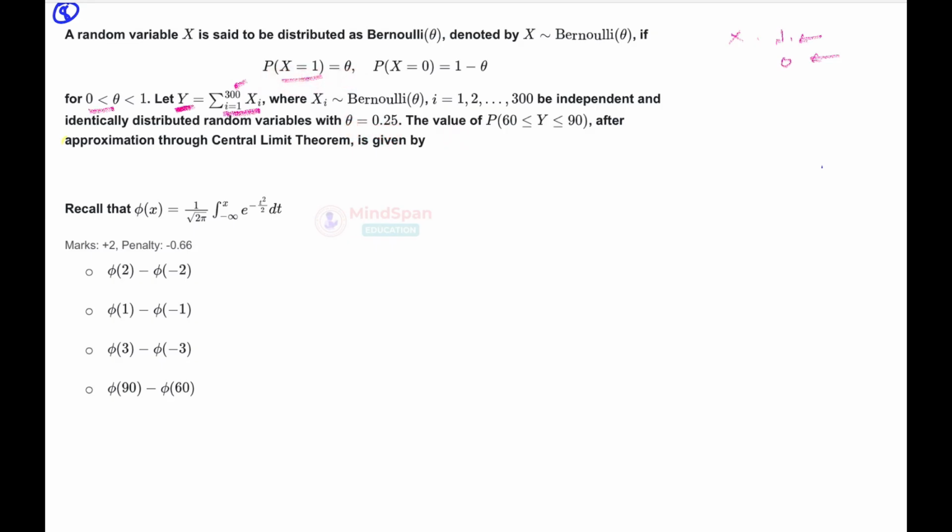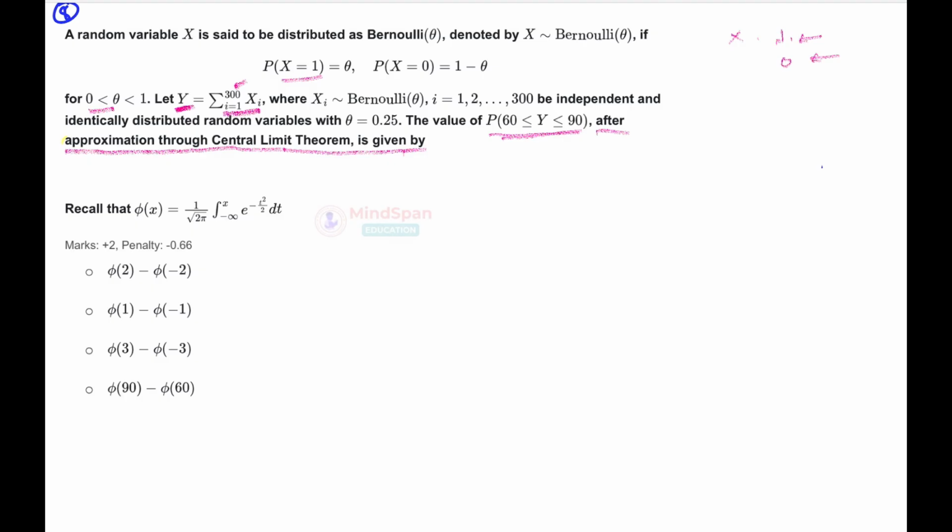We need to find the probability that this random variable y takes a value between 60 and 90. This is also important, that we find the probability of this event after approximation through the central limit theorem.